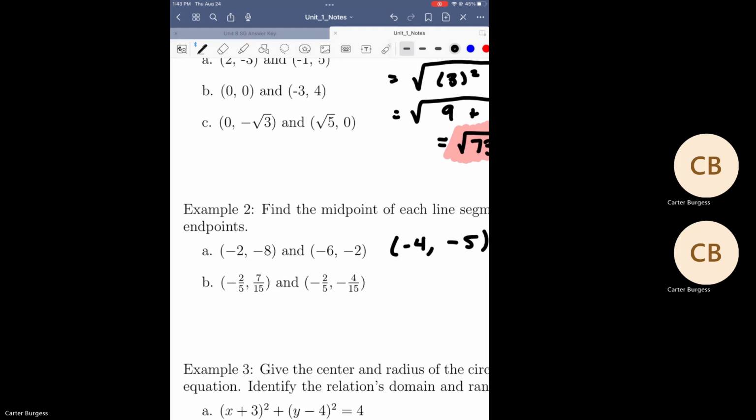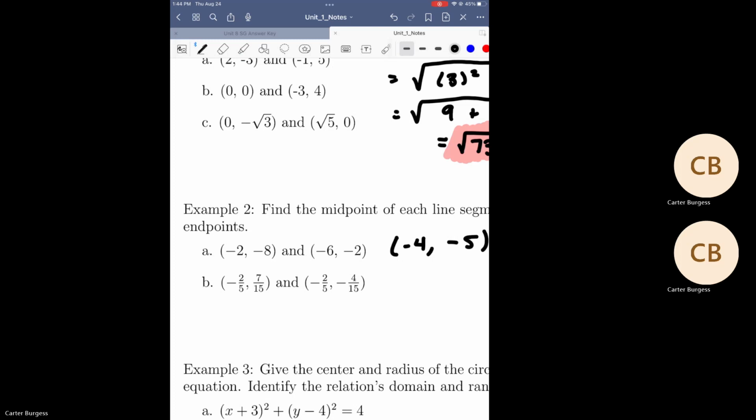I'd say B is maybe a little bit trickier. This is where having the formula might be pretty helpful. Finding that y value that exists perfectly in the middle of 7/15 and -4/15 can be a little bit tricky. I think it's doable, but definitely potentially a little tricky.